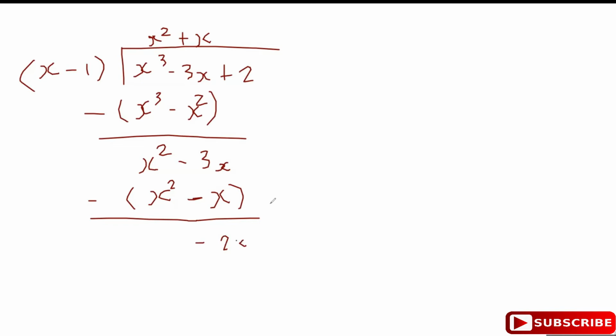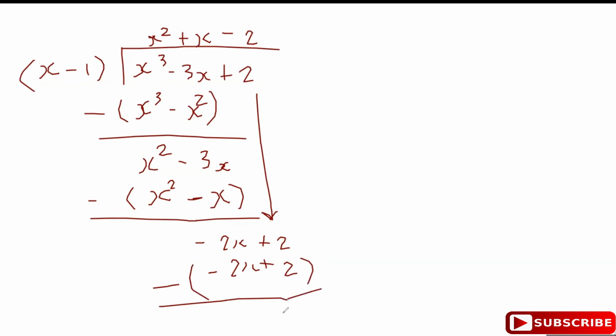Then we bring down the 2 to have plus 2. Then x into minus 2x is minus 2, so we have x times minus 2, that is minus 2x plus 2. Then we subtract it.